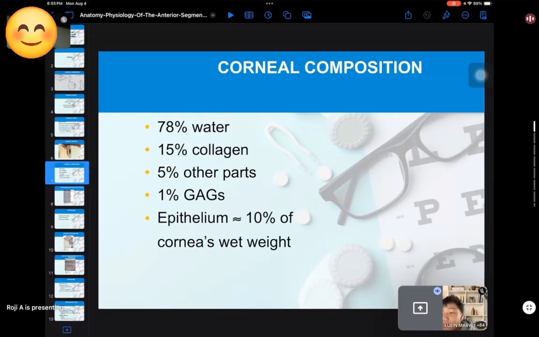78% is water. So, do you know what you are composed of? What are you? 80% water? 90% water? 100% water? Do you know your composition? Who can answer?